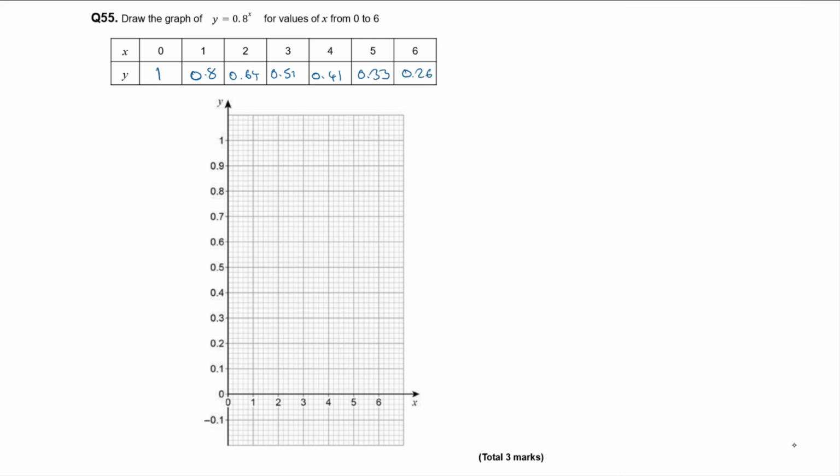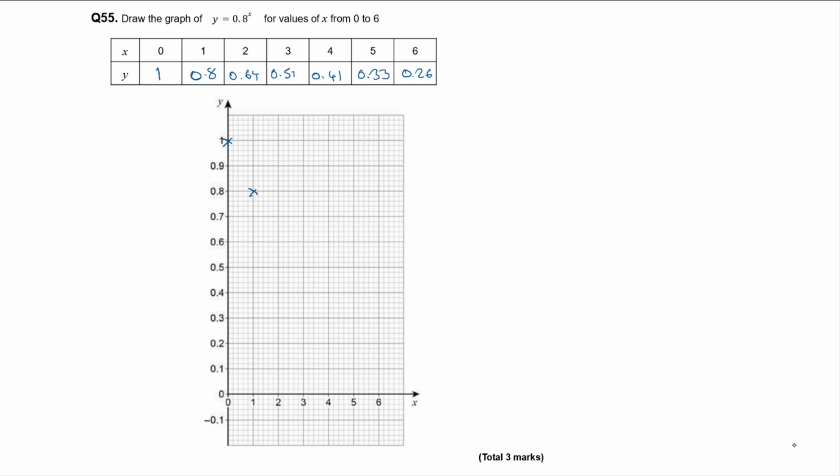Then plotting those points carefully on the graph. So 0 goes with 1, 1 goes with 0.8, 2 goes with 0.64. Now I've got 5 little divisions between 0.6 and 0.7, so each one of those is 0.02.